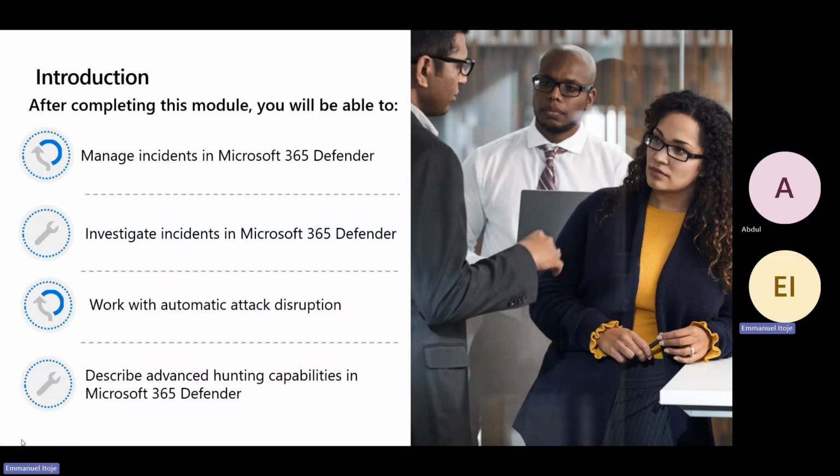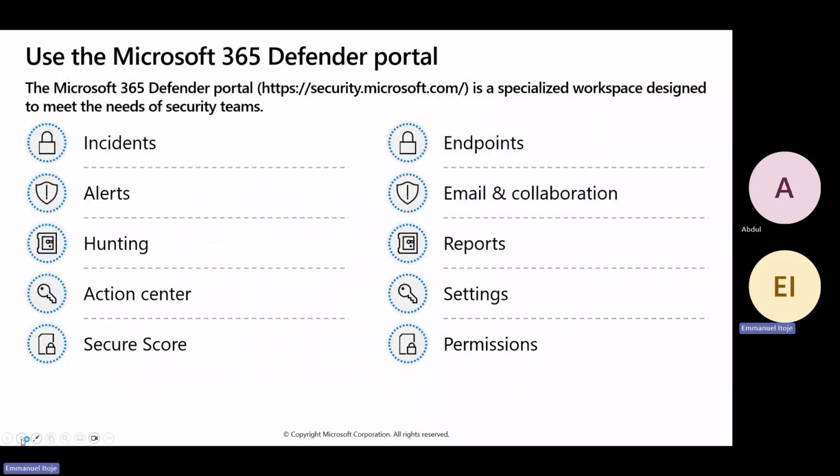Microsoft 365 Defender itself, we're going to go into the portal, and we'll be able to see all this basically. Microsoft Defender XDR is a unified pre and post breach enterprise defense suite.